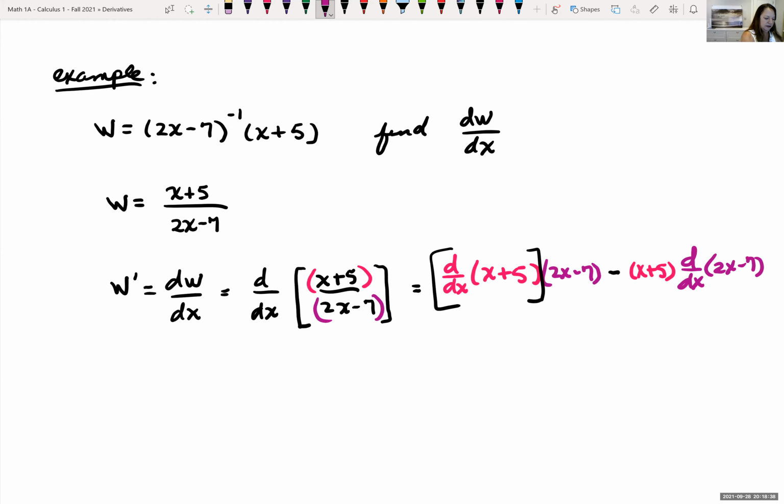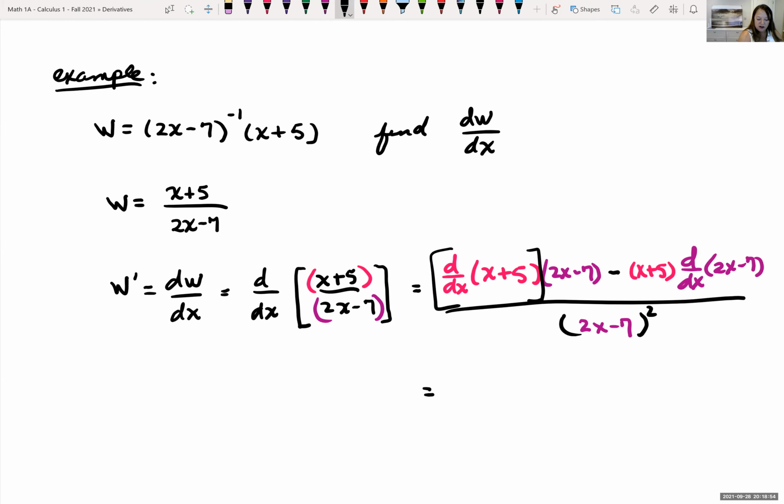I didn't take the derivative yet. All over my denominator squared. So now go through and take the derivative of each piece that we need to.